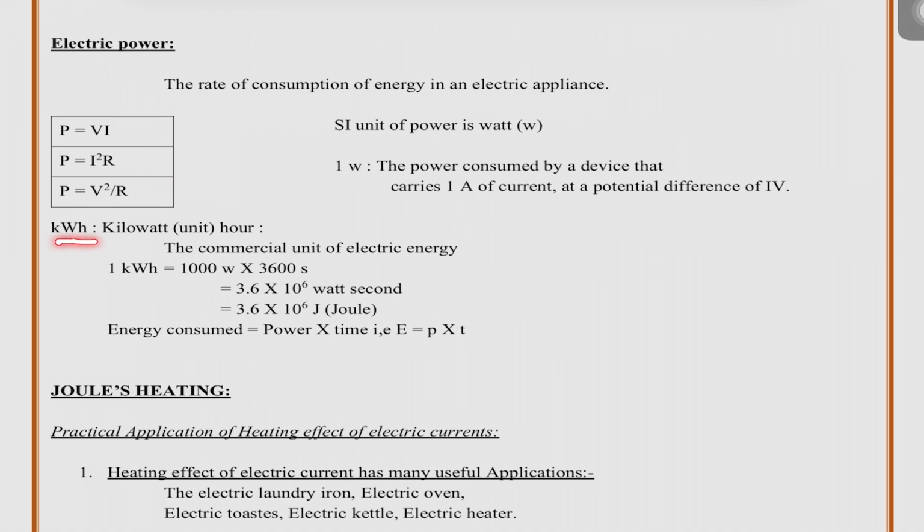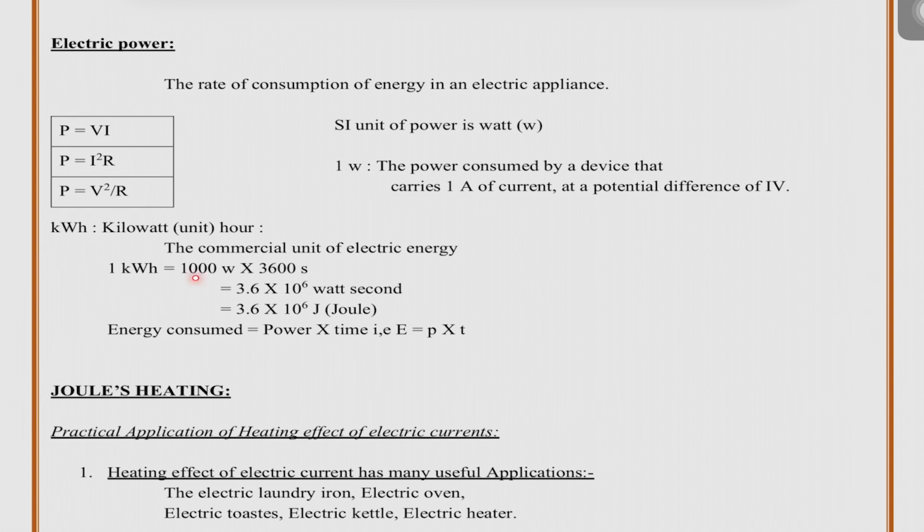Next, coming to kilowatt hour, this is the commercial unit of energy which is used in daily life for calculating the amount of energy that is being used. So, the commercial unit of electrical energy is kilowatt hour. Kilo means 1000. 1 hour is equal to how many seconds? It is 3600 seconds.